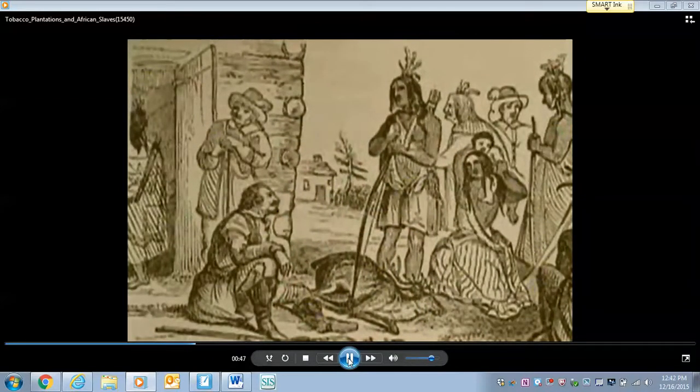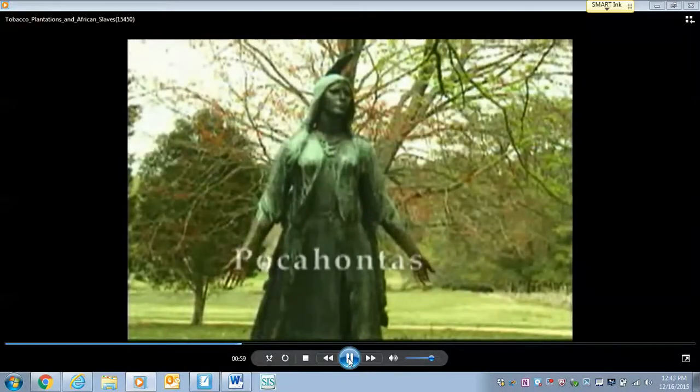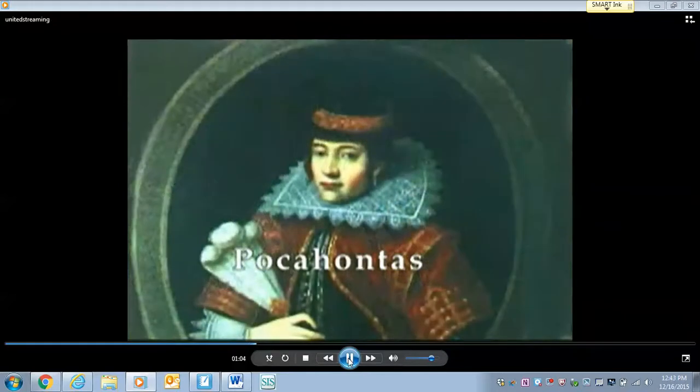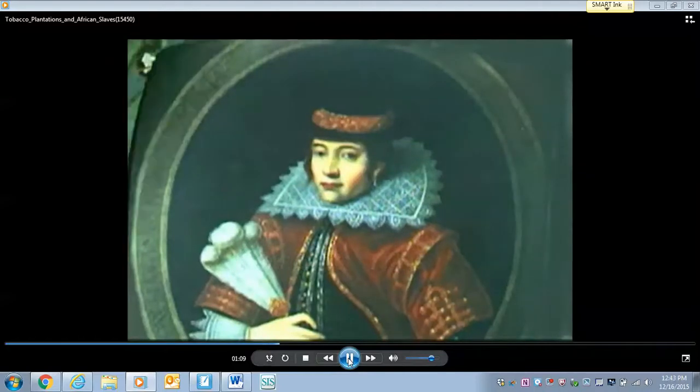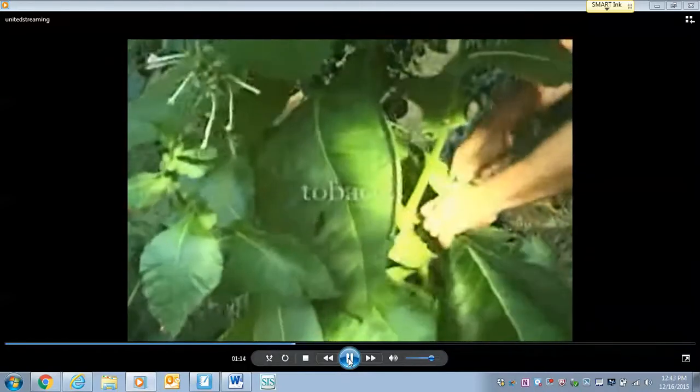One day, while John Smith was out exploring, he was captured and threatened with death by warriors from an unfriendly tribe, only to be saved by the chief's daughter, Pocahontas. Later, she married one of the colonists and began dressing like an Englishwoman. Her husband, a plantation owner named John Rolfe, had worked for years developing a mild, sweet kind of tobacco.